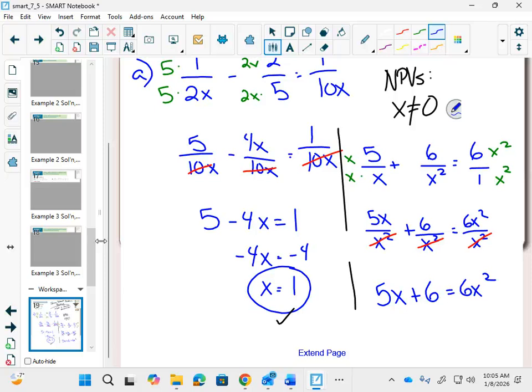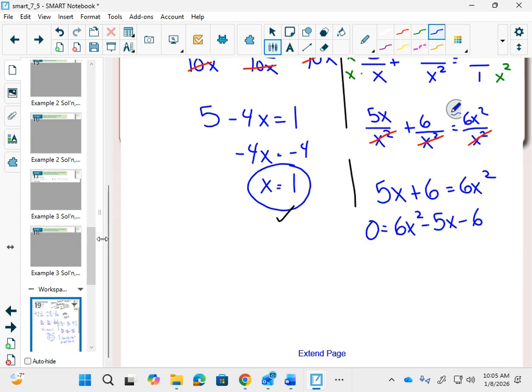How do we solve quadratic equations? We have to factor, which means you have to make one side equal to 0. So we're going to have 6x squared minus 5x minus 6. And you're right, this is a trickier one to factor.